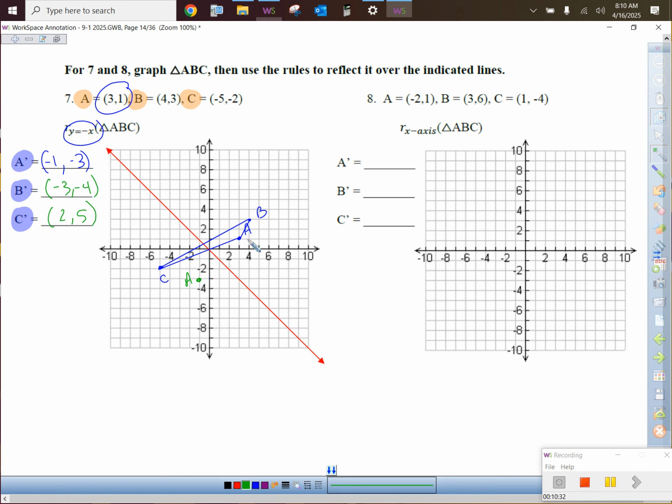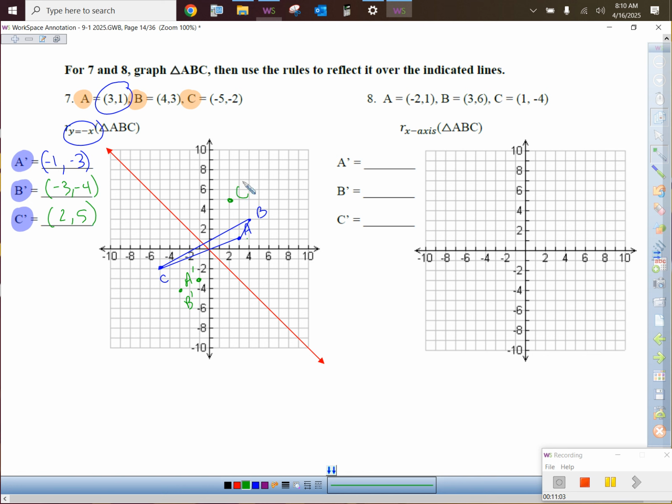Does it look like A and A prime reflect to each other over that line y equals -x? Because if it doesn't look right, I'm either plotting points wrong or using my rule wrong, you know? So B prime will be at -3, -4. So I'll put my B prime right there. And then C prime will be at 2, 5.